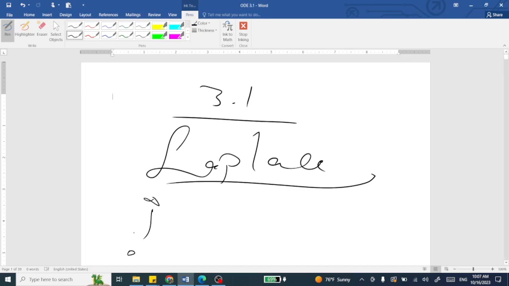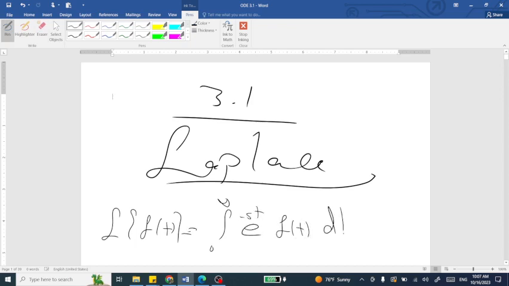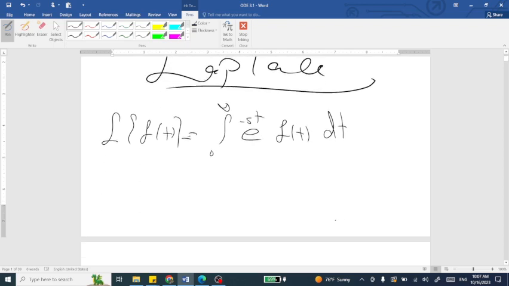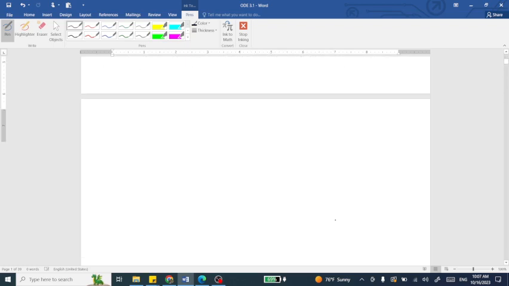If you have any function, like L of, for example, any function, okay? So we say the Laplace is equal to the improper integral of e to the power minus st, this function, dt. So that one will be your duty, to find the improper integral.